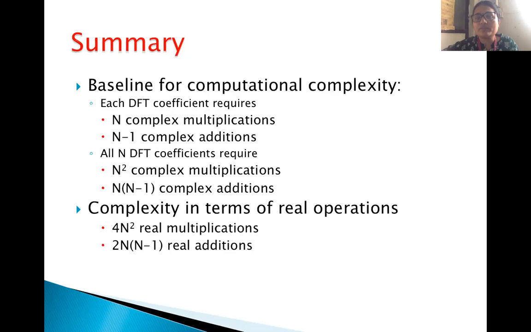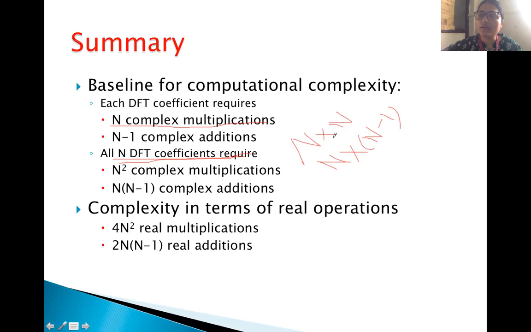So for each DFT computation, or we can say 1 point DFT computation, the algorithm takes n complex multiplications and n-1 complex additions. Further, for n point DFT computation, it will take n multiplied by n multiplications, and n multiplied by n-1 complex additions.